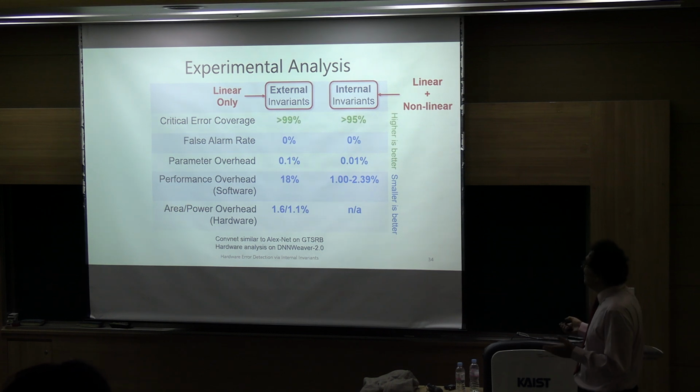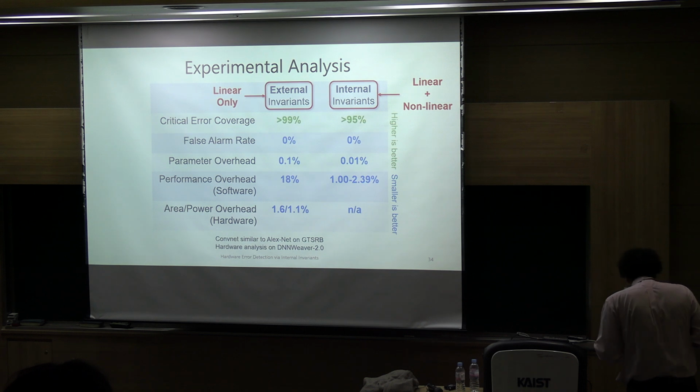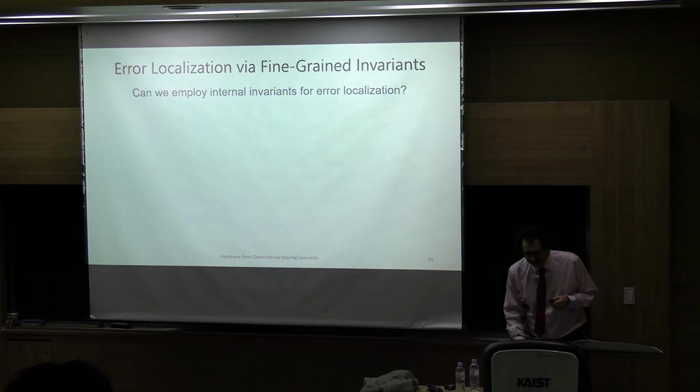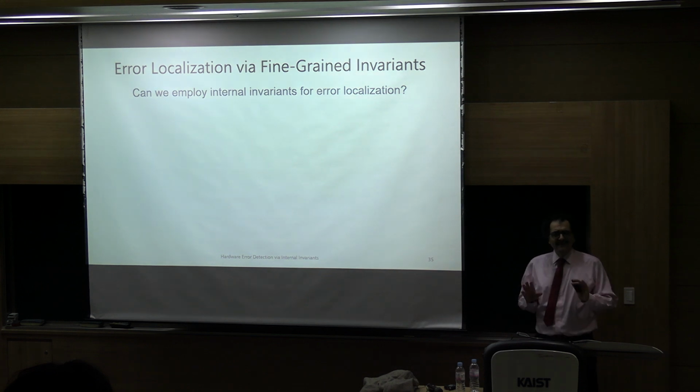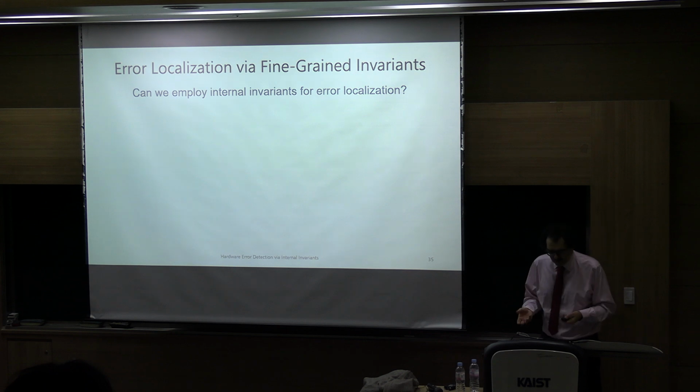So there is a big difference in the quality of the error coverage on the right-hand side. Plus you get a lot of area benefits. All right, so this is to give you a taste of the basic new idea that we were working with.